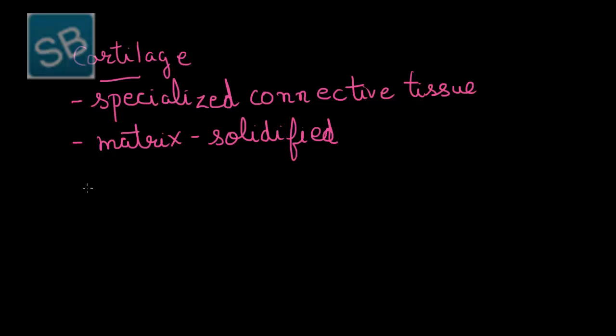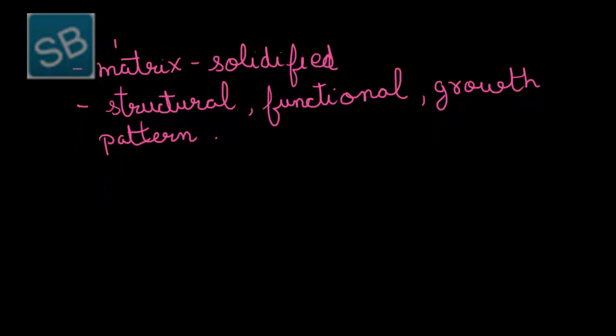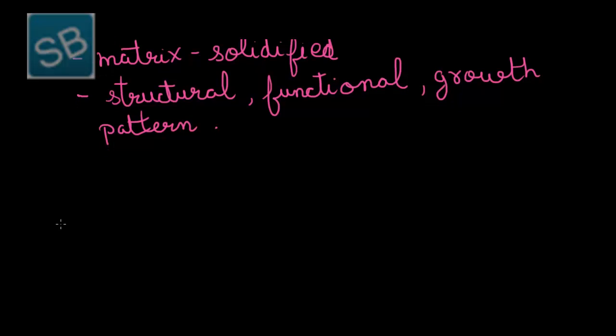The cartilage is quite distinct from other tissues in various properties such as structural, functional, growth pattern, regeneration, and many others, on the basis of which classification of cartilage is done. It is mainly divided into four types.